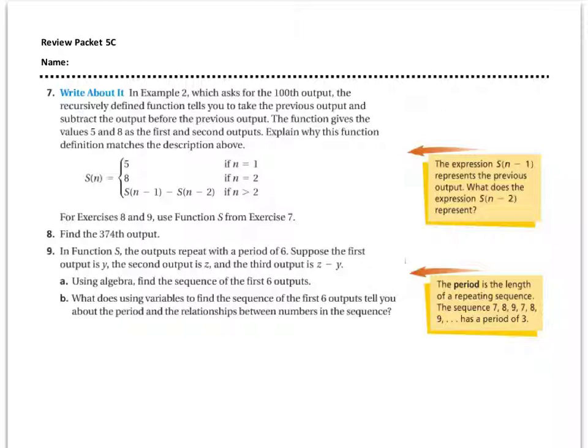Okay, so let's take a look at the next problem. Find the 374th output. Good luck. Again, with a problem like this, you've got to be really smart. Don't work hard, work smart, right? You don't want to have the tables up to 374. That's not the point.